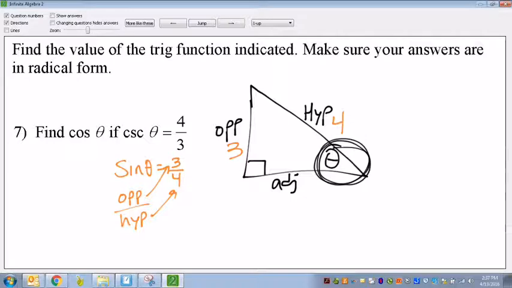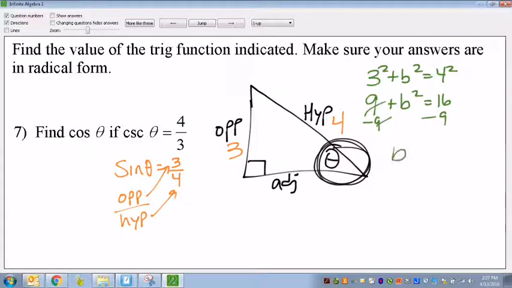So here we go. Let's do it. So it's going to be 3 squared plus b squared equals 4 squared, which is 9 plus b squared equals 16. Subtract 9. Sorry, that was my cell phone buzzing. Don't mind that. b equals the radical 7. We don't need decimals because as the instructions say, make sure your answers are in radical form if necessary.